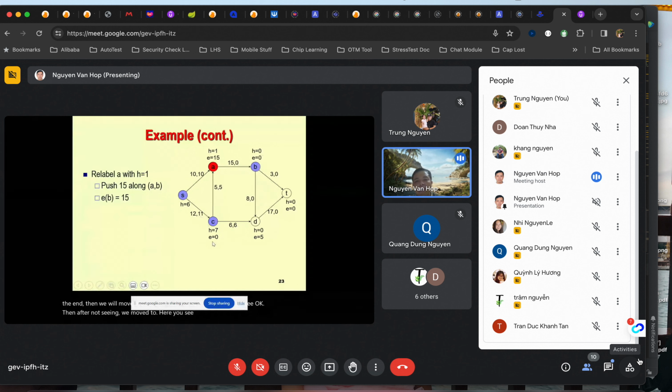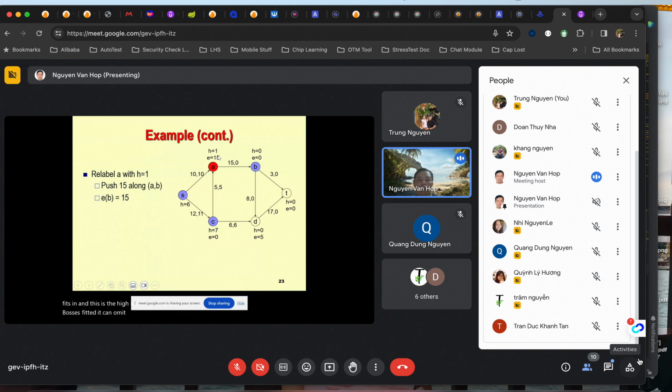You see that 5 and 6 are balanced already, and the excess of that node is 0 already. Now the next active node is A, because now its height is equal to 1, right? And the excess value is 15, because this is 10 and 5 here, that's 15. And this height is 0, therefore we push 15.